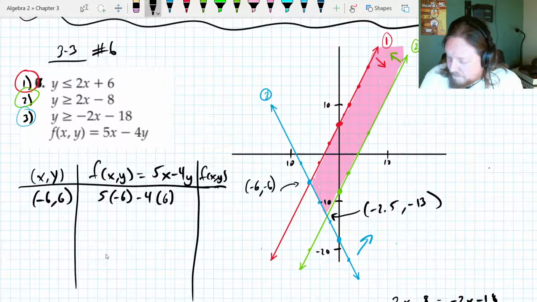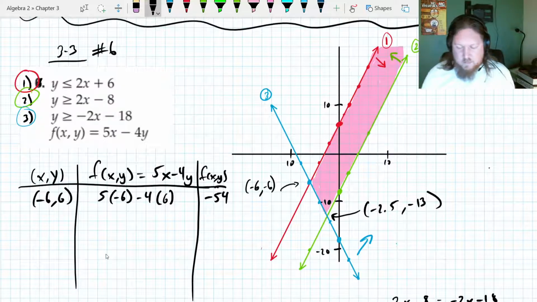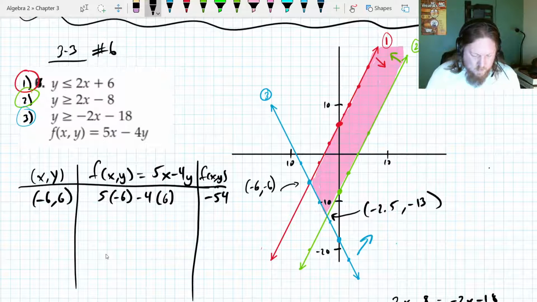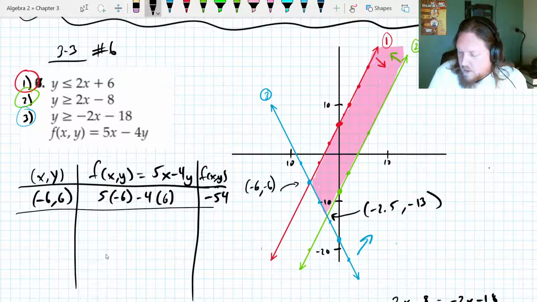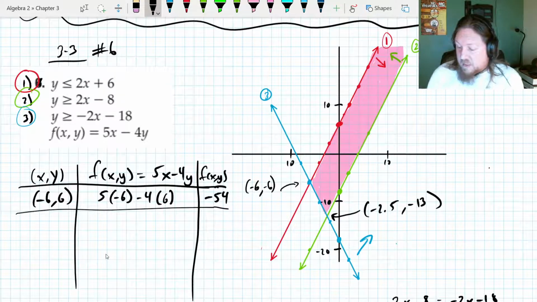So that's minus 54. That'd be a good thing to double check in my calculator here. 5 times negative 6 minus 4 times 6. Yeah, negative 54. Perfect. Of course, I don't know if that's min or max yet. It could be either. I mean, you might guess min because it's a big negative, but who knows? Maybe the other one is going to be even more negative.